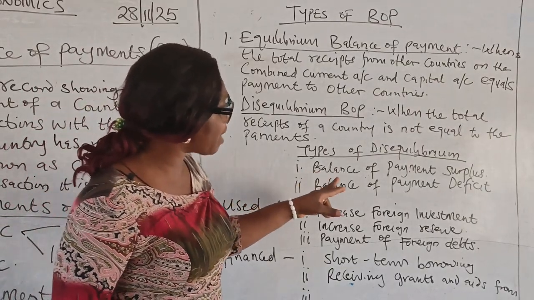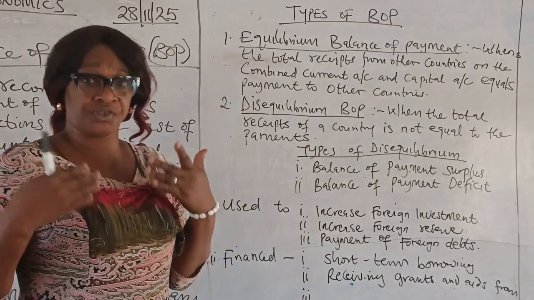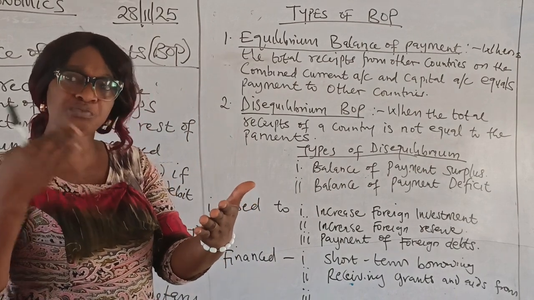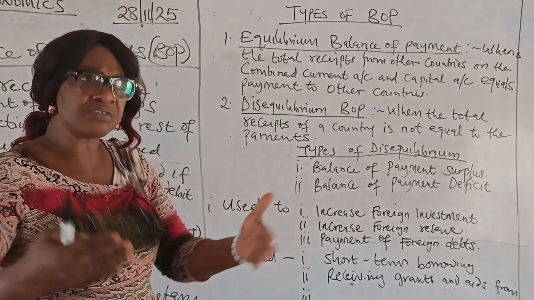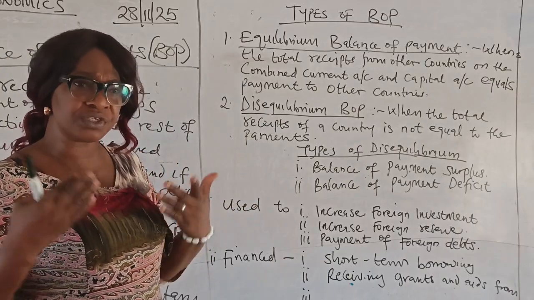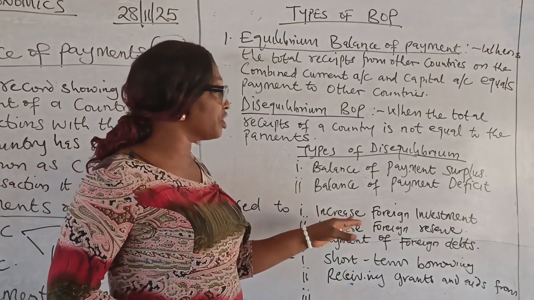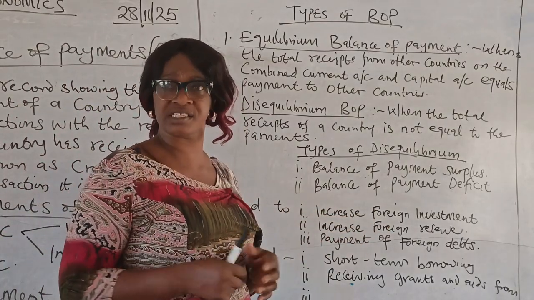And how can this balance of payment surplus be used? We have excess money in our account. We have excess money in our federal government account. How can this surplus be used? It will be used to increase what? Foreign investments.